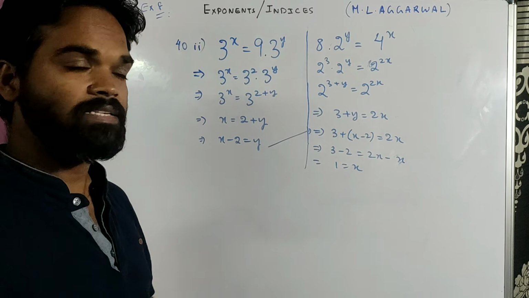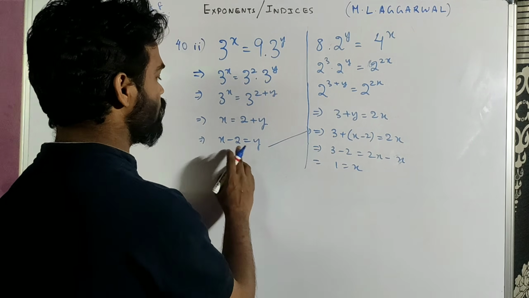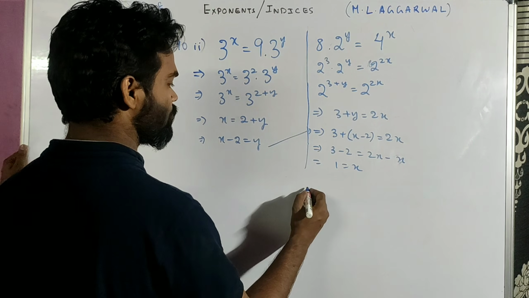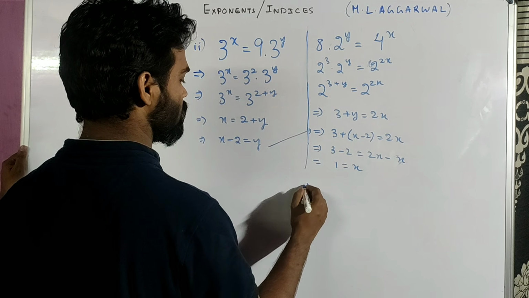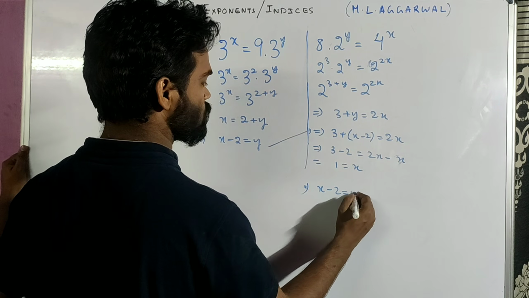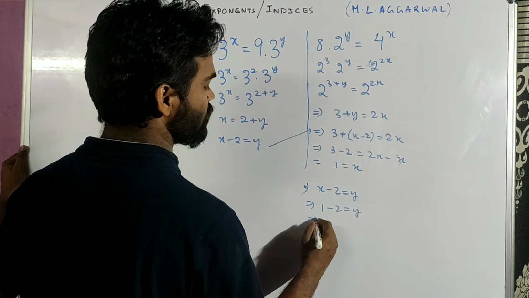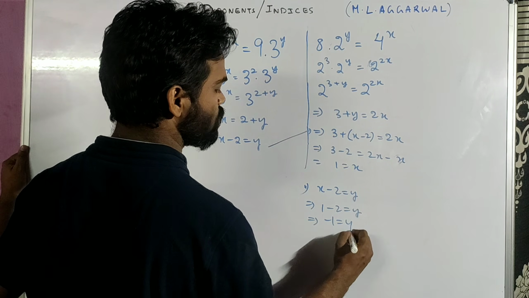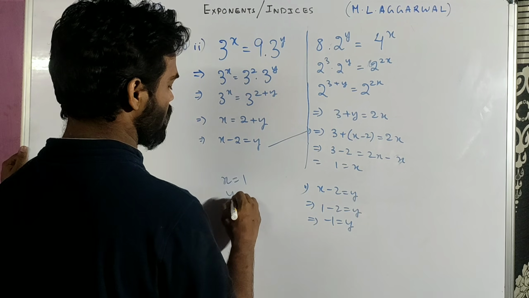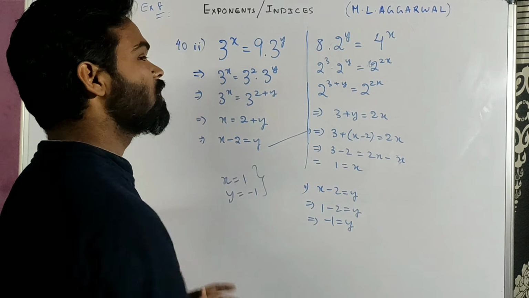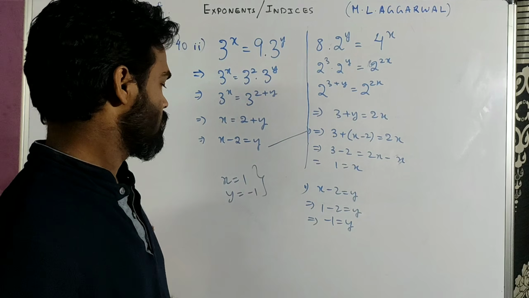So the value of x is 1. Now put over here and get the value of y. We have x minus 2 equals to y, or 1 minus 2 equals to y, which means minus 1 equals to y. That is x equals to 1 and y equals to minus 1. Clear?